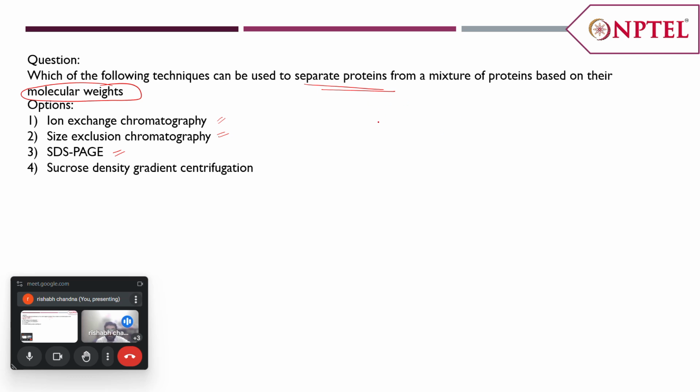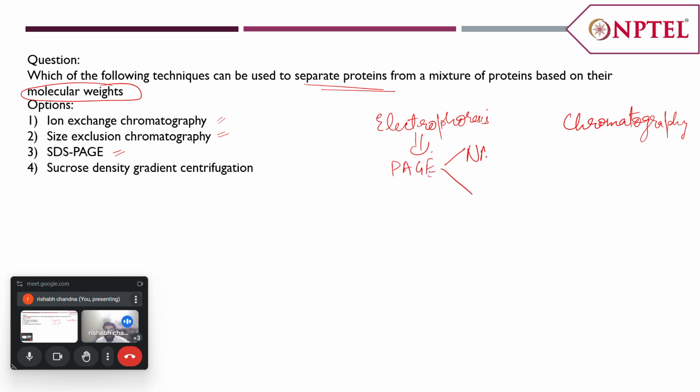First is electrophoresis, and the second one is chromatography. In case of electrophoresis, to be specific, we have PAGE. We have two kinds of PAGE, that is native and the SDS PAGE. Both of them can be used to separate a mixture of proteins based on their molecular weights.